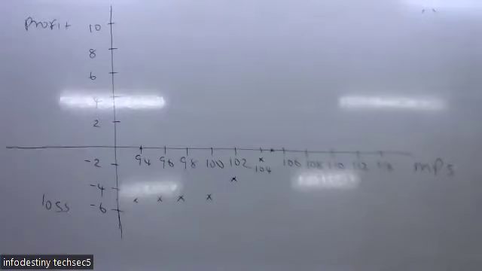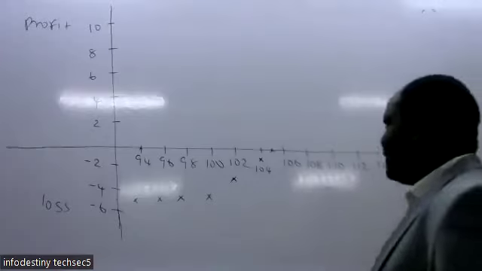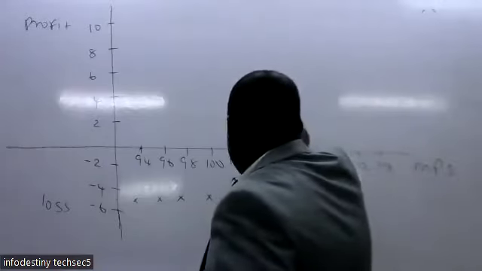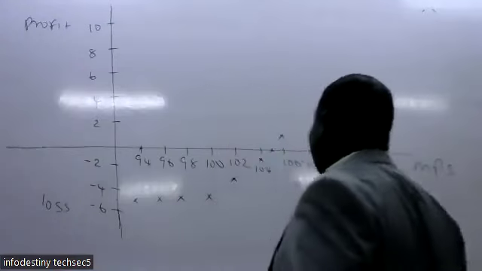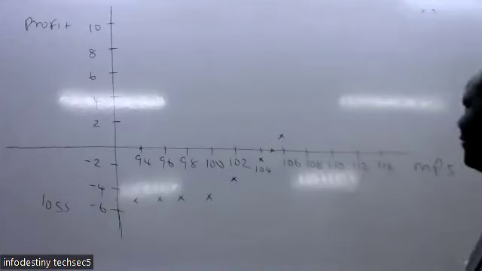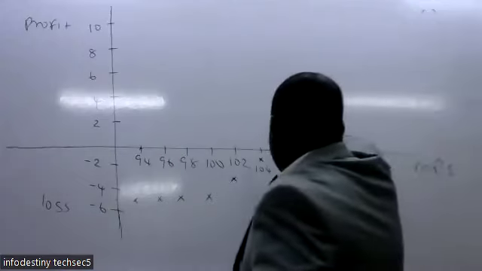The next price is 106. So what are we getting for 106? 106 is 1. So you can have it at that point. Then 108. 108 is 3.